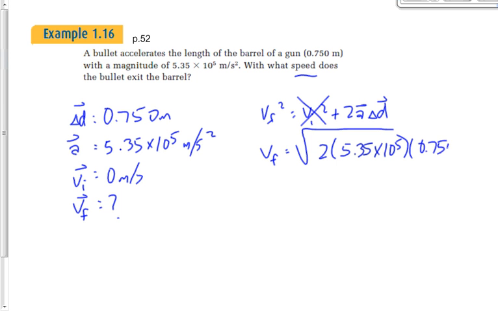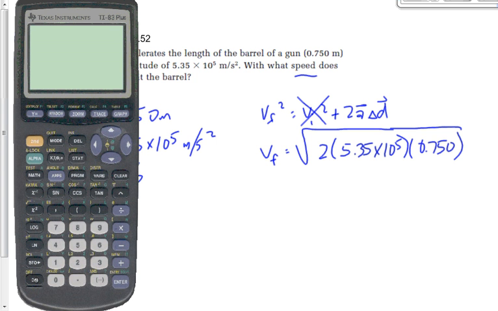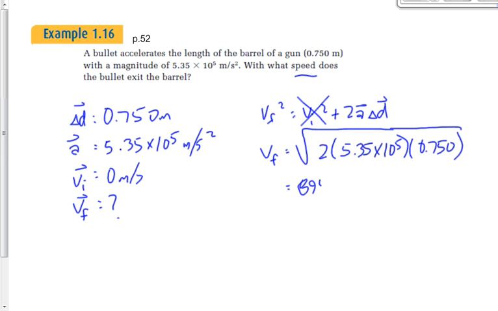0.750. Let's do the math here. Let's say 2 times 5.35 times 10 to the 5 times 0.75. Let's square root that. And we end up getting 895.82 meters per second.